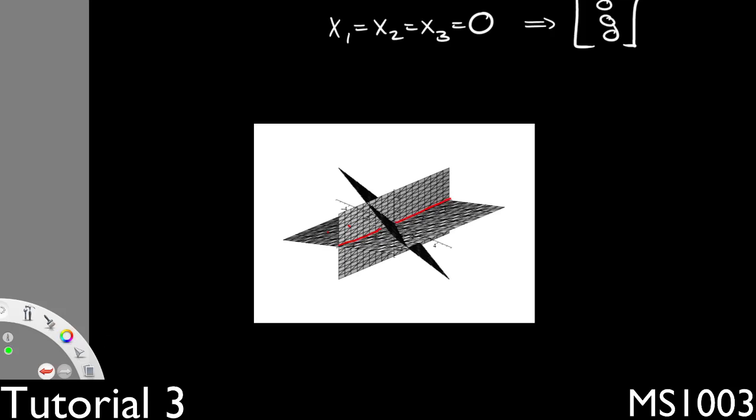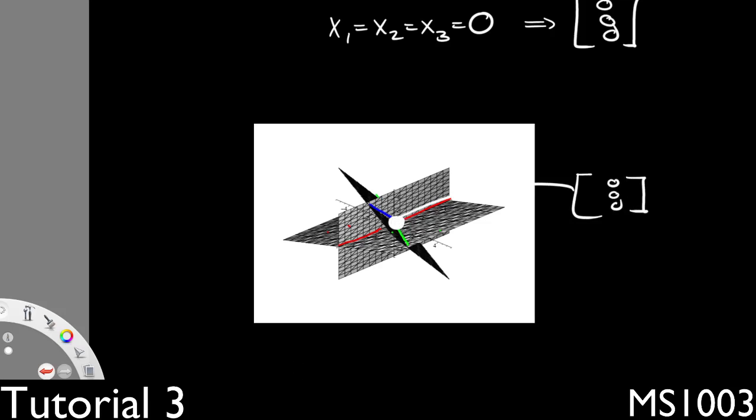And if you look at this plane and this plane, they intersect along here, right? And this plane and this plane intersect along this blue line here. But all 3 of them will intersect only at this point here, where the blue, red, and green lines meet, right? All 3 of the planes are at the same point. And this point ends up being 0, 0, 0.